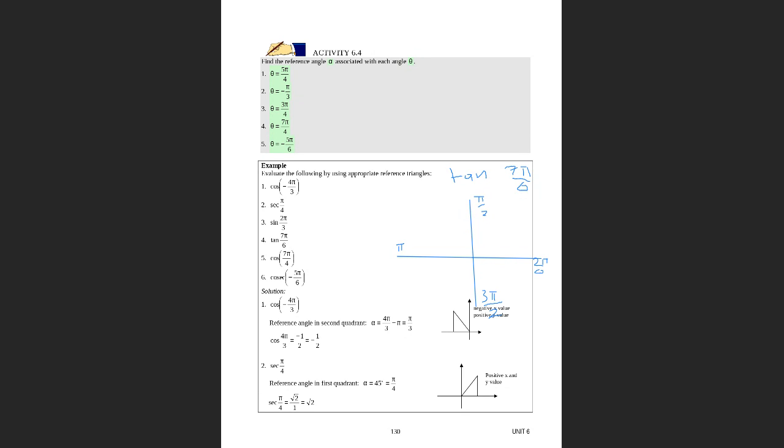Boom. So now, we have to see 7 pi over 6. As I always say, if you are not sure, convert to degrees. Multiply by 180 over pi.